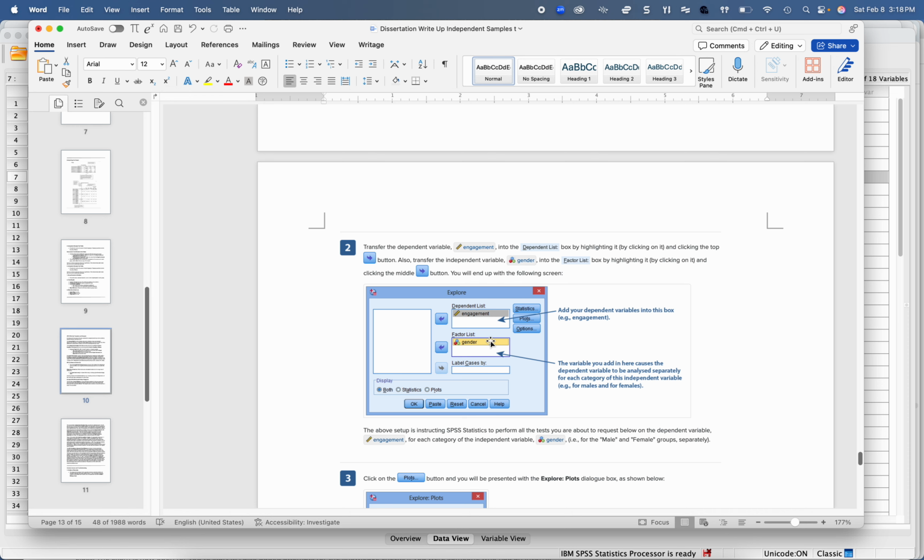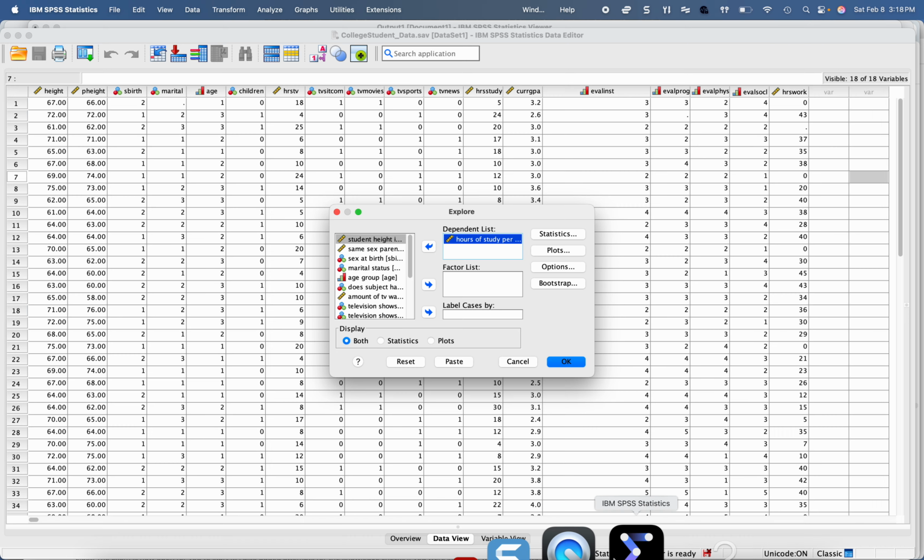And then I am going to add my grouping variable in here because that is going to work on a different type of analysis. I said I was going to group with children, and for some reason it is in a slightly different setup, which makes it harder to find where children went.